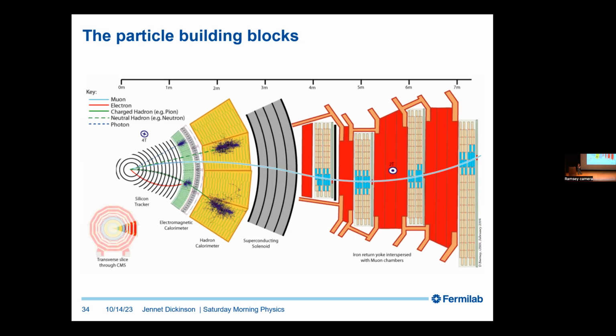I don't really have a better reason for why it doesn't interact in the calorimeter, but it has a long enough lifetime that it goes the whole way. And even here in the outer part, we don't stop it.